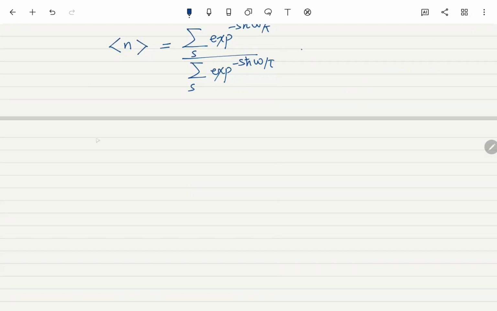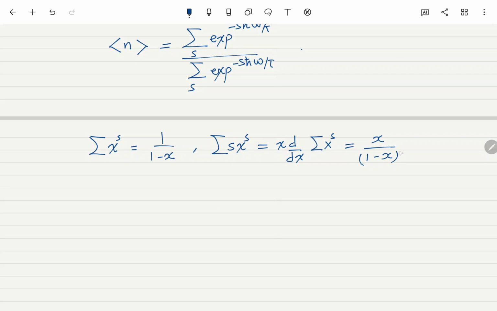Now let's use this series. The summation of x to the power s is equal to 1 over 1 minus x, and the summation of s x to the power s equals x d by dx of the summation of x to the power s, which is equal to x divided by 1 minus x squared.